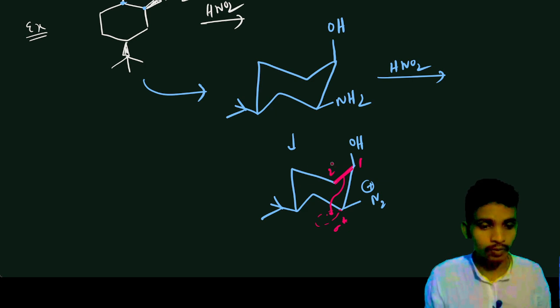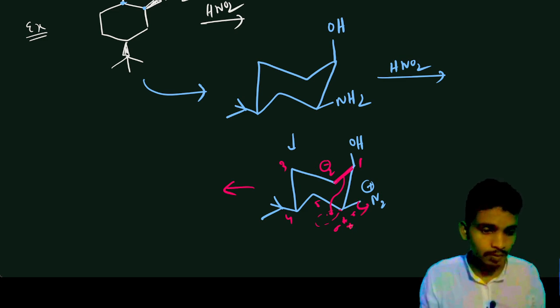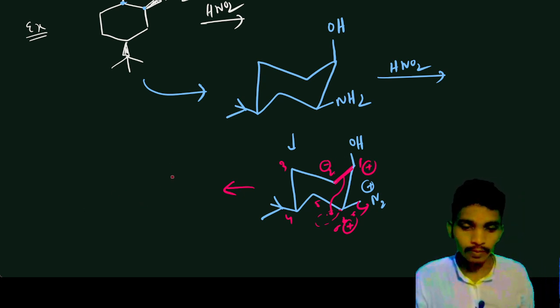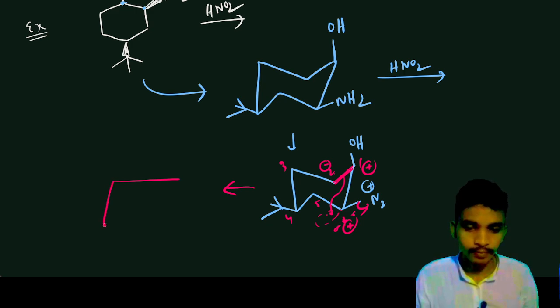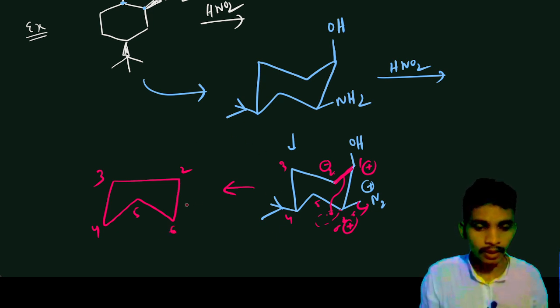I can name 1 2 3 4 5 and 6. Then this is attacking here, it means that this is negative. After it leaves, this is going to be positive, so negative and positive make a bond, and if negative, then this is going to be the positive charge. So what I'm going to get here, okay, so 2 attacks here, so this is 2, and this is 3, and this is 4, and this is 5, and this is going to be 6, and 6 and 1, this bond has 6 and 1.